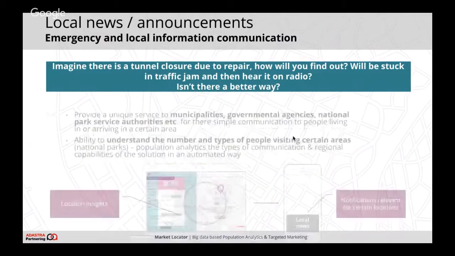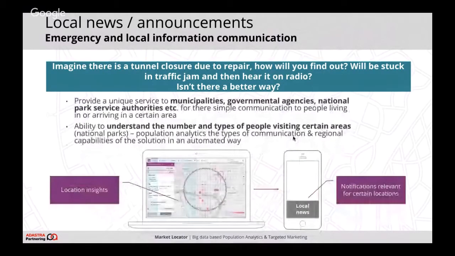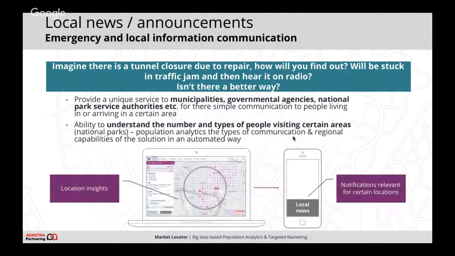So it's about providing a new unique service to municipalities, to governmental agencies, to National Park Service authorities, etc., with a simple communication method that allows them to communicate with those people and to understand the throughput of people in a certain area.